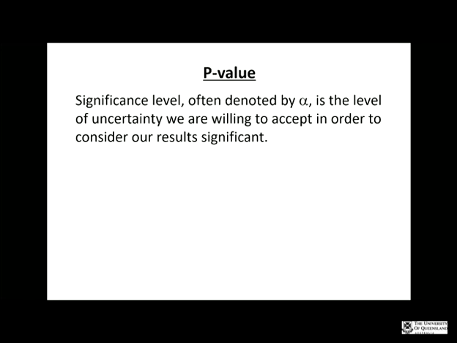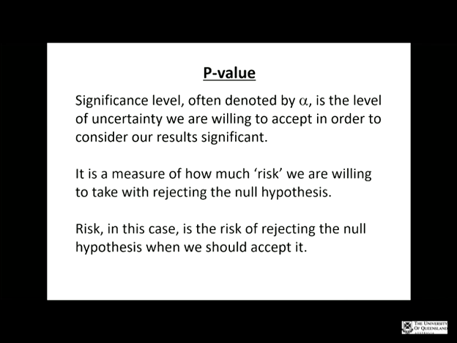Sometimes you also see CI for confidence interval, or sometimes SIG, as you saw in the SPSS output, and it's all talking about the p-value and the confidence interval of the p-value. And it's basically a measure of how much risk we're willing to take when we reject the null hypothesis. So this is the risk of rejecting the null hypothesis when we should accept it. Okay, let me explain that.